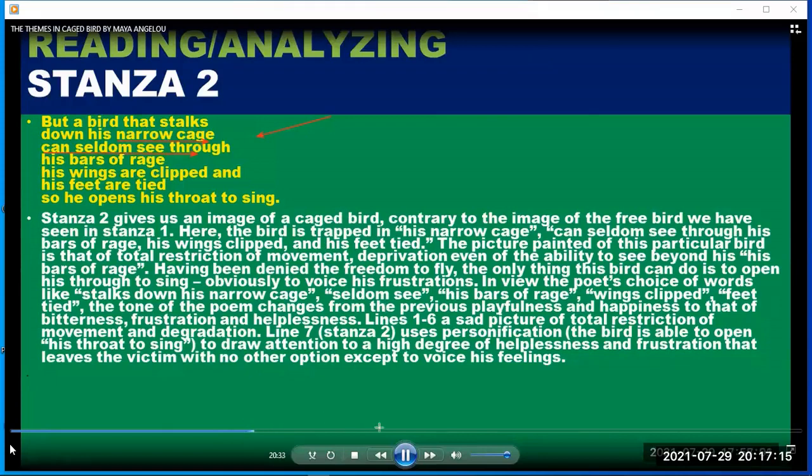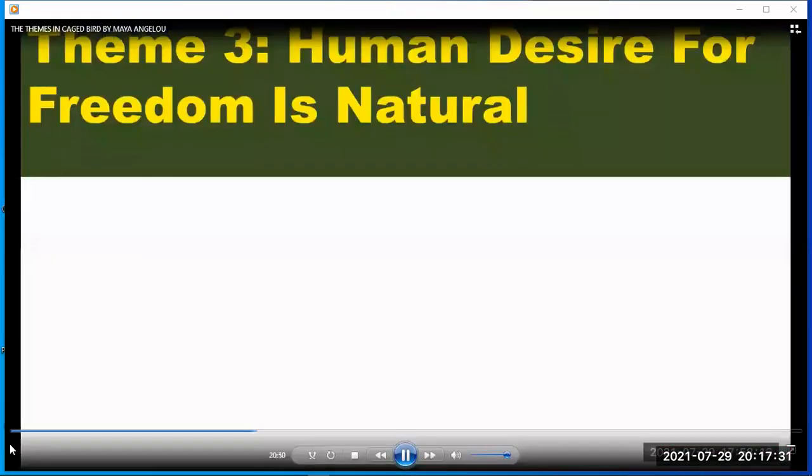Now, having said that, we are going to look at other aspects of this poem to actually look at the themes, the ideas expressed in this work of art. Now that brings us to theme number 3, which is human desire for freedom is natural.